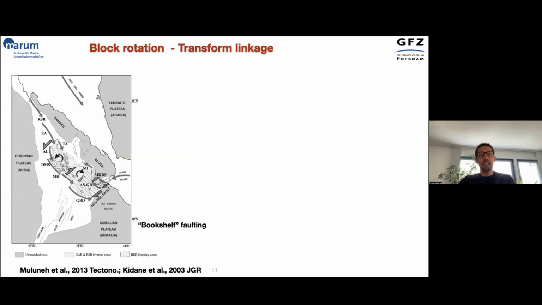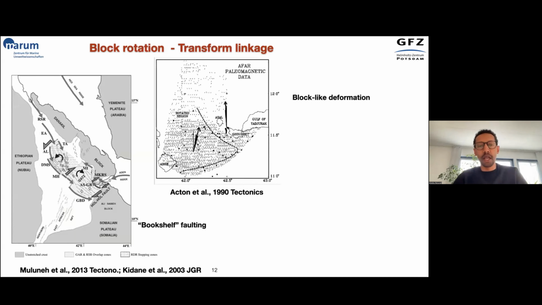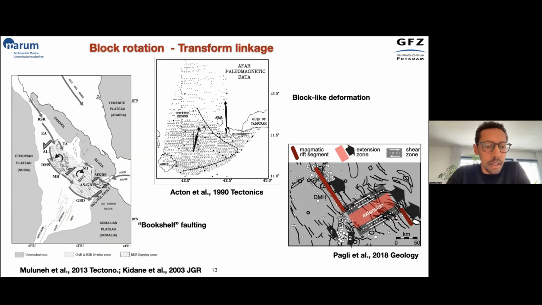The previous studies were suggesting a couple of mechanisms, and some of them are based on paleomagnetic studies. For example, in the central Afar, paleomagnetic observations indicate clockwise rotation of crustal blocks, but the detailed mechanism of this rotation is different.